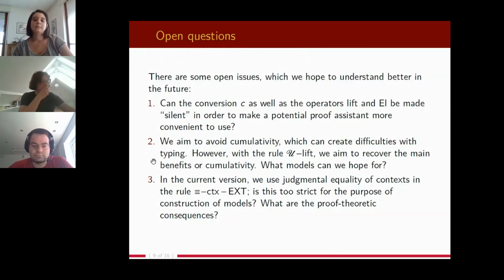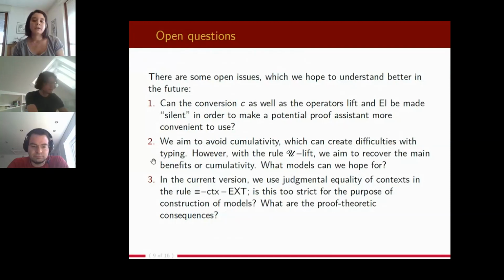And well, we want to avoid cumulativity. Indeed, we use Tarski universes because cumulativity may create difficulties with typing. But we have the rule ulift. So this one is a way to recover, in a sense, the useful properties of cumulativity.